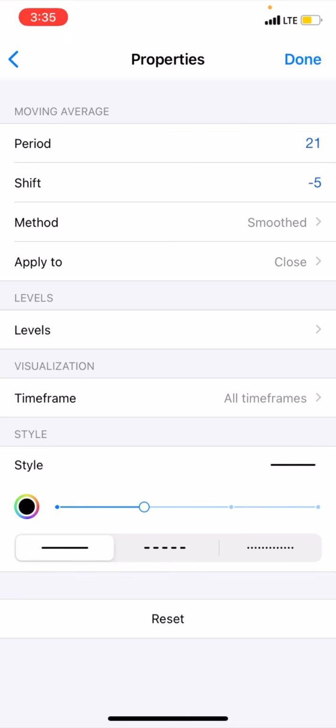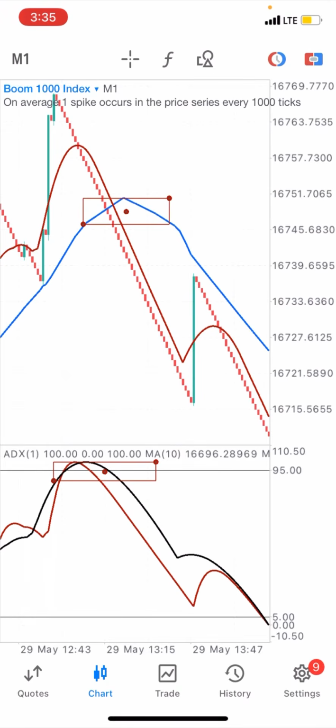For visualization, remember to leave it at all time frames and choose a dark color if you're using the white background, and a bright color if you're using the dark background. You just click done when you're done with that. I chose black, so I have my black moving average line here.